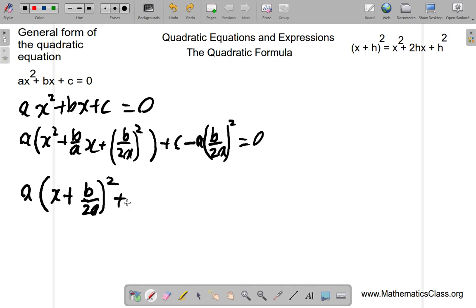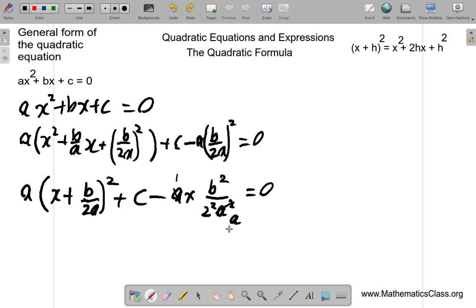So we say plus c minus a times, you see this b over 2a squared, we can separate each letter and number and say it's b squared over 2 squared a squared, equals 0. You see that? Oh, guess what? A into a goes 1 time, a into a squared goes a times.